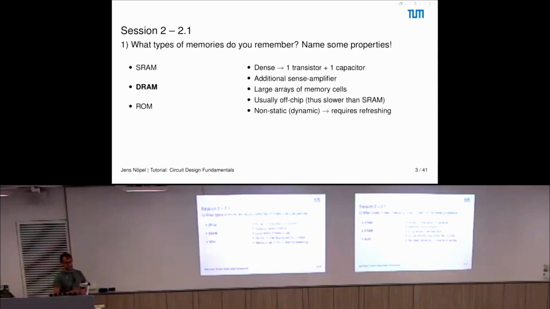You also need additional sense amplifiers for accessing the memory cells of a DRAM, and they are organized in large arrays of memory cells and usually are off-chip, so it's a separate DRAM chip and connected over a bus interface to the actual working chip, and this makes DRAM much slower than SRAM.